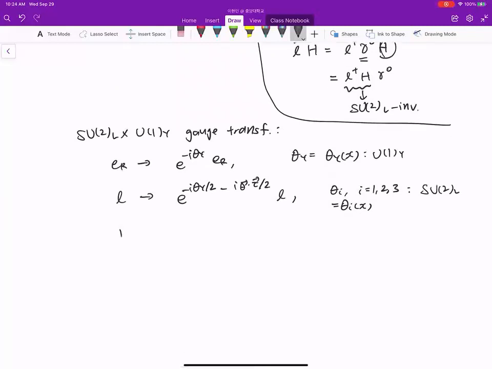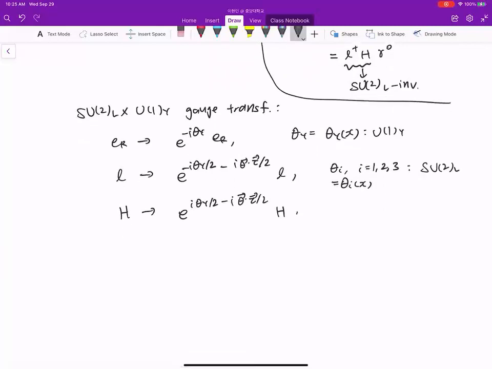And Higgs also transforms, but the charge is opposite to the one for the lepton doublet, and it transforms in the same way under the SU(2) as the lepton doublet.